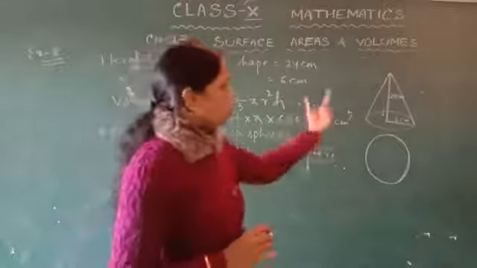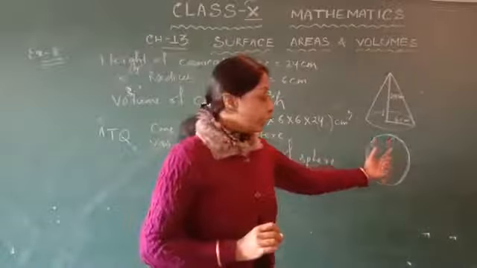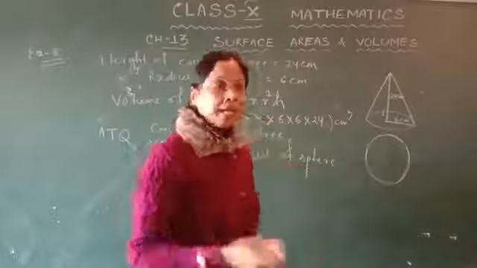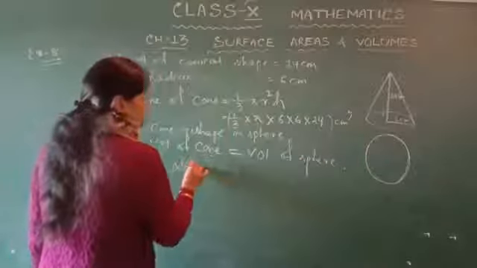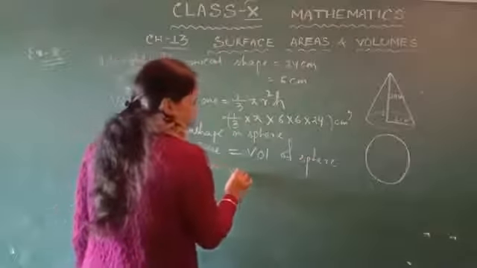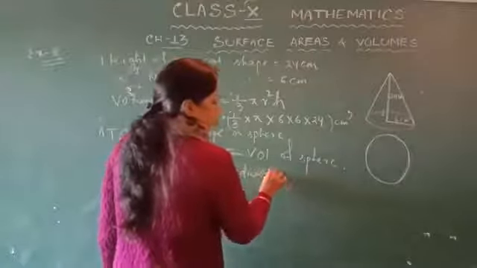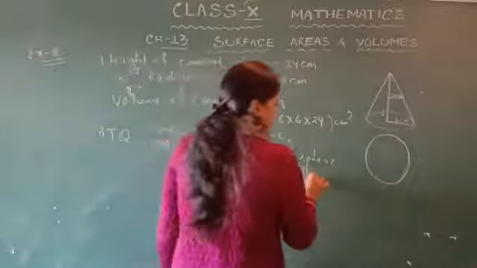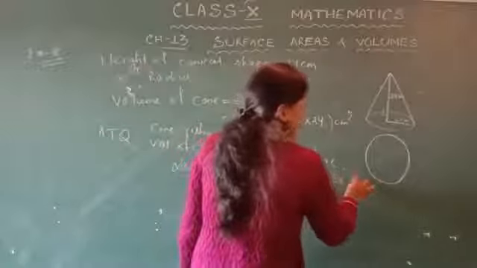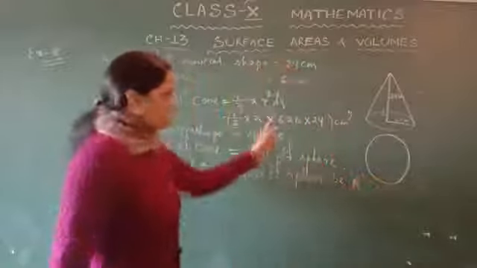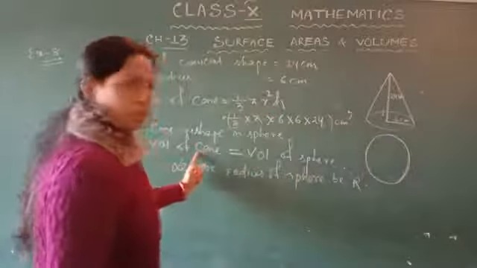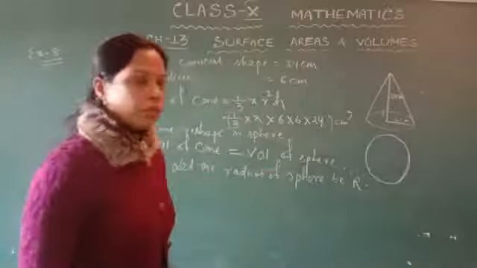So the cone is reshaped into a sphere, and the volume of the cone is equal to the volume of the sphere. Let the radius of the sphere be r. Okay. So now, according to our question, the volume of a cone is equal to the volume of a sphere.